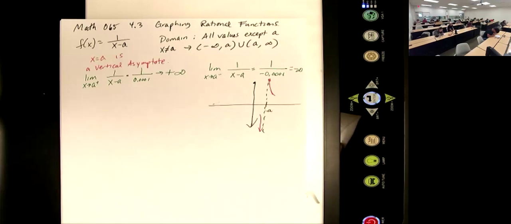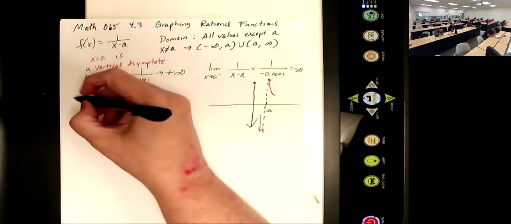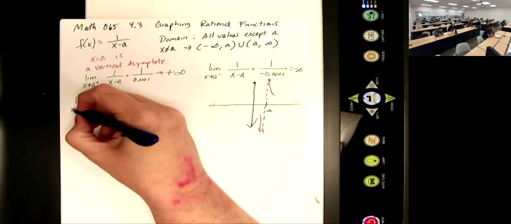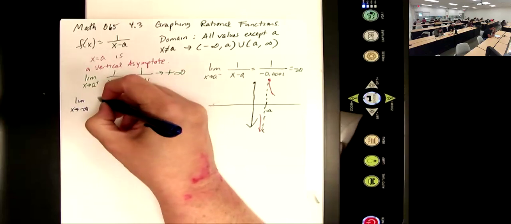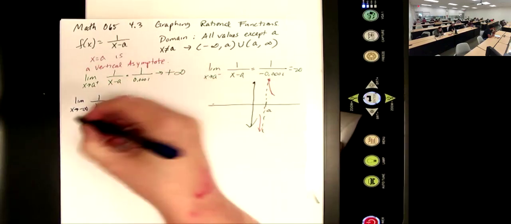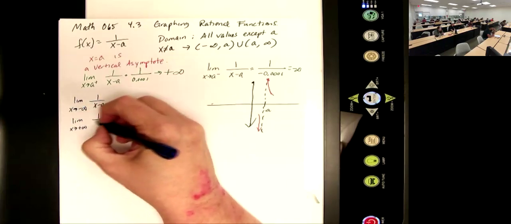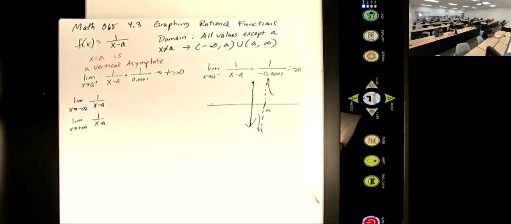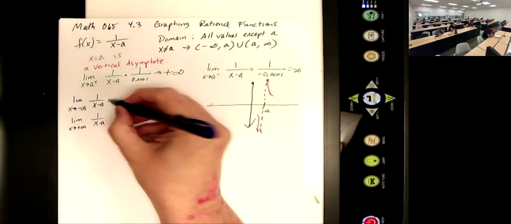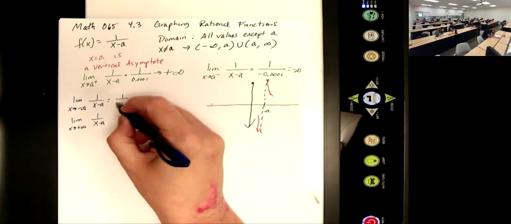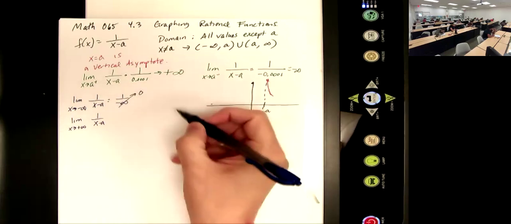What about when x approaches plus or minus infinity? Limit as x approaches negative infinity of 1/(x minus a), and limit as x approaches positive infinity of 1/(x minus a). This ends up being like 1/negative infinity, which is going to 0.